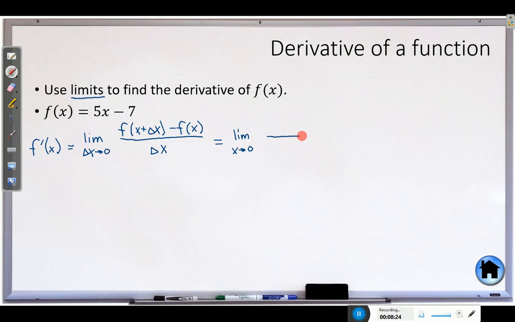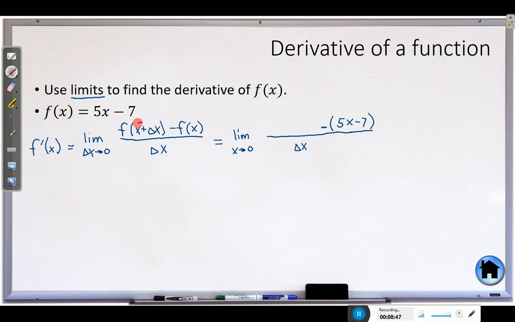So we're going to do the easy stuff first. The bottom is going to be delta x. And then we are going to subtract f of x. Well, f of x is just 5x minus 7. So we are going to subtract 5x minus 7. The hard part is what goes first.